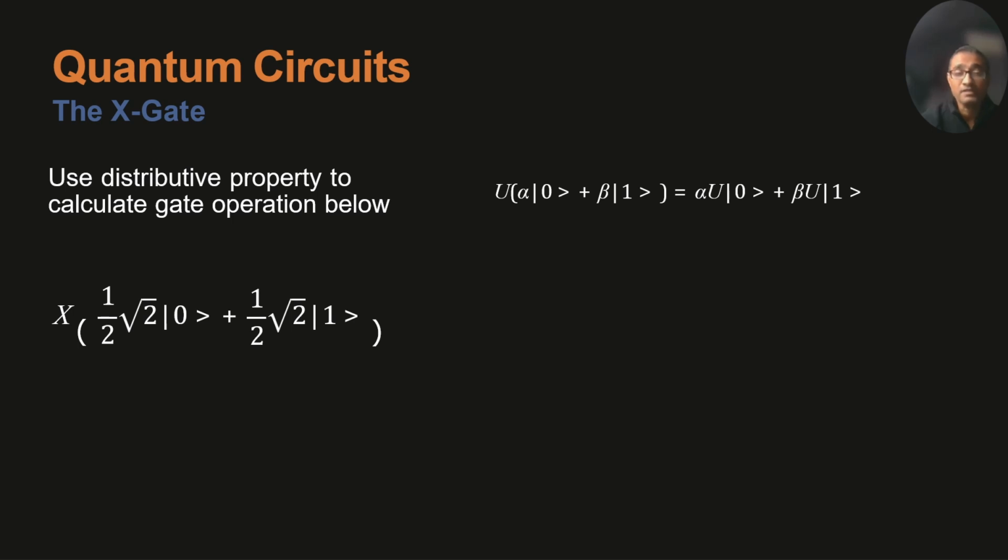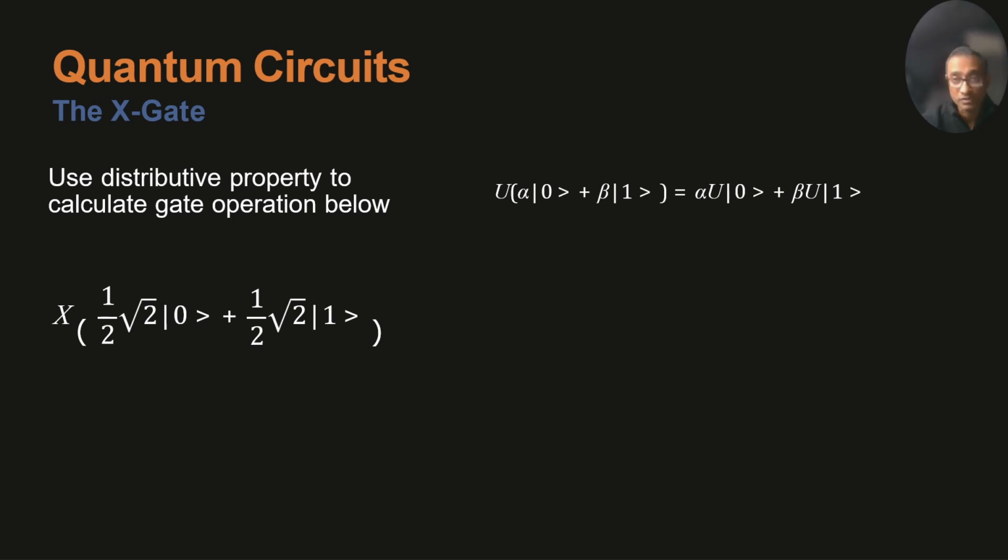So what we are doing here is that instead of applying it on a single qubit, here we are applying the X gate on a qubit which is represented as a combination of states as shown in the bracket: 1 by root 2 of state 0 plus 1 by root 2 of state 1. We can use the distributive property of calculating the gate logic here.